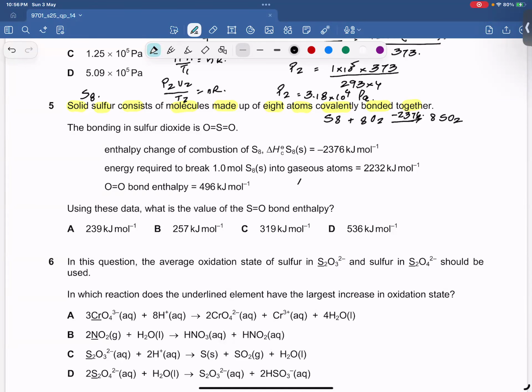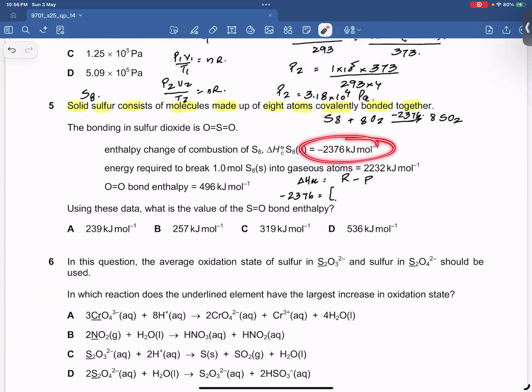So the formula is delta H equals reactant minus product. Delta H is basically 2376 equals reactants. Now in reactants we have sulfur, and the value of sulfur is already given. Sulfur is basically S8, found in solids. So first of all, let me introduce atomization.